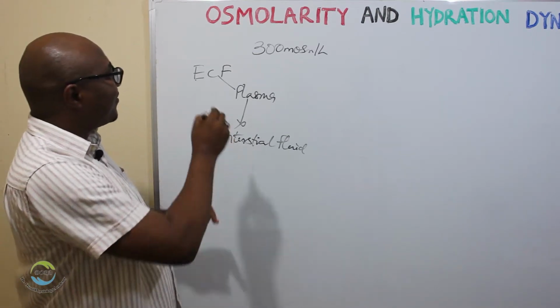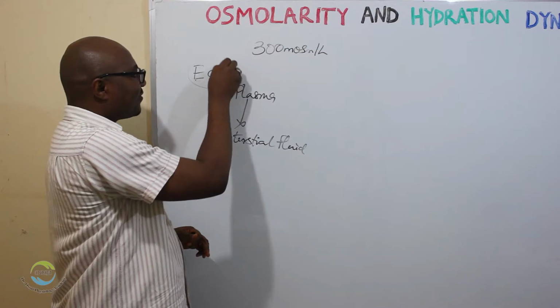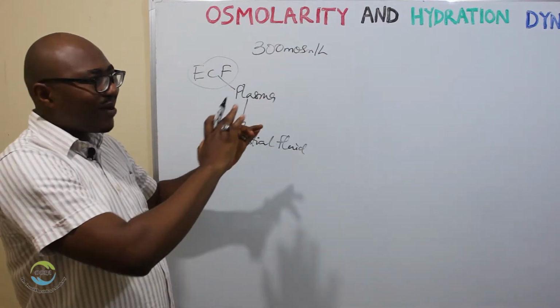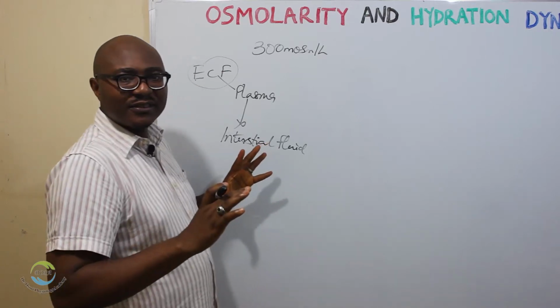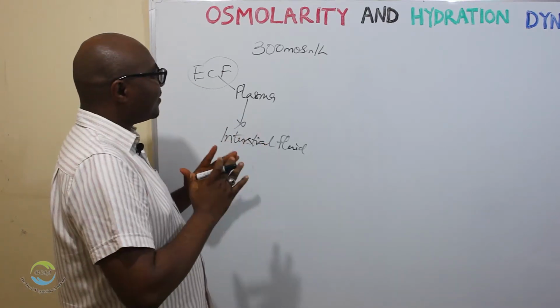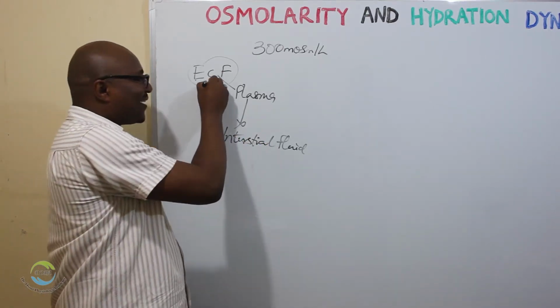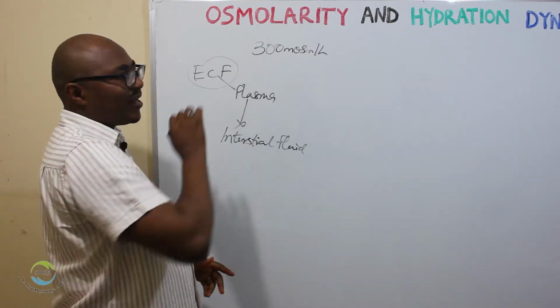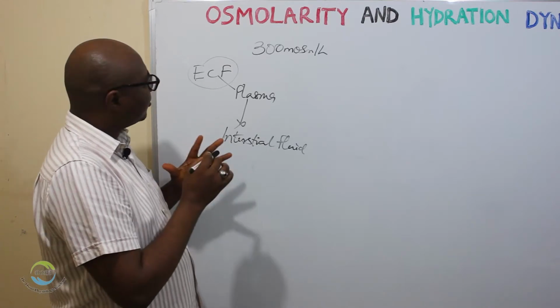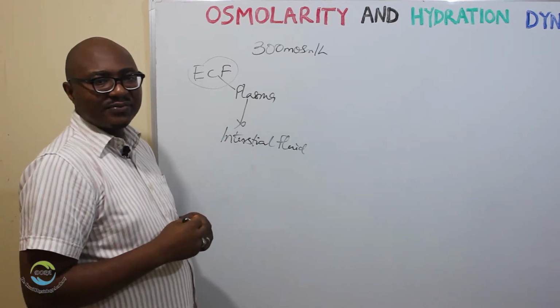And like I said, the focus is on the ECF. But the reason we are talking about dynamics is that because of the connection between these body fluid compartments, whatever affects the ECF volume or osmolarity somehow will affect the ICF.